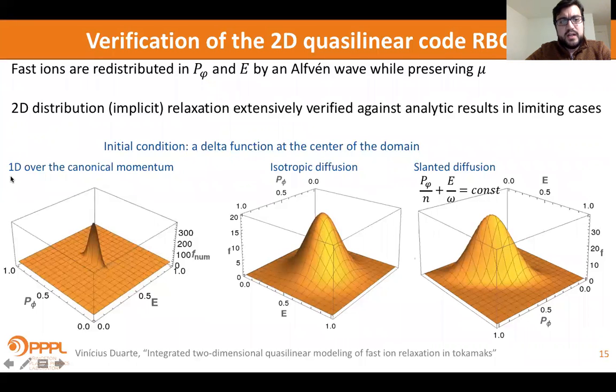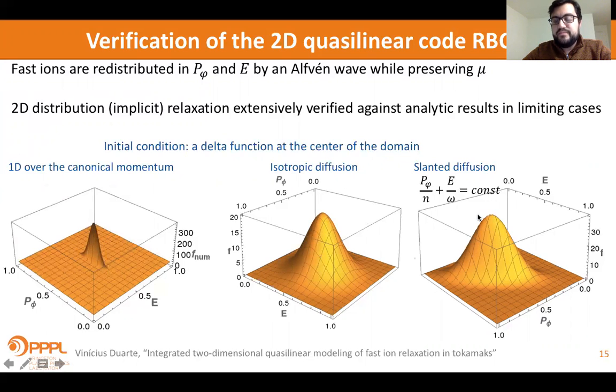in velocity. The 1D case is what we see here in this left plot, which is the broadening of the delta function to a Gaussian only in one dimension, only in P phi, because we constrained it to do so. If we allow diffusion in both directions, then it becomes an isotropic diffusion.